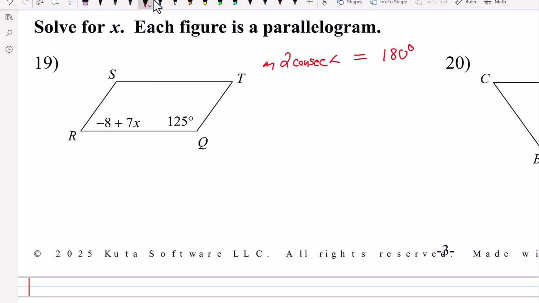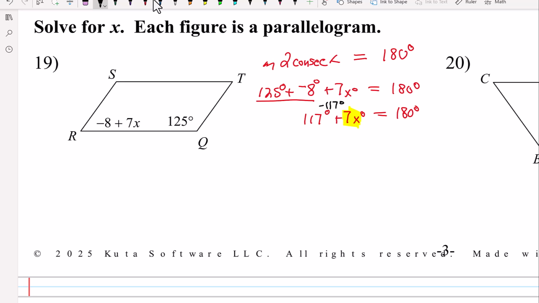So you would set 125 degrees plus, I'll put the -8, -8 plus 7x, and these are in degrees. So those two things can be added together. So we have 117 degrees plus 7x in degrees. Well, we're going to want to get this by itself, so we're going to subtract 117 from both sides.